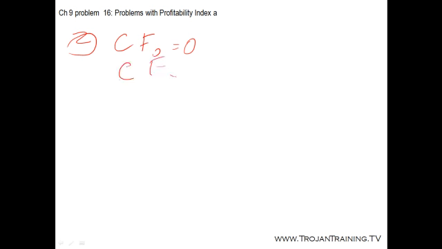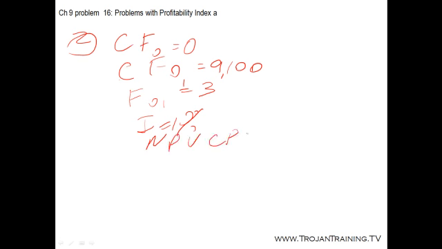Then cash flow in year 1, 9,100. F01 is 3. For the interest rate, I put 10%. Hit enter. NPV CPT. The answer is 22,630.